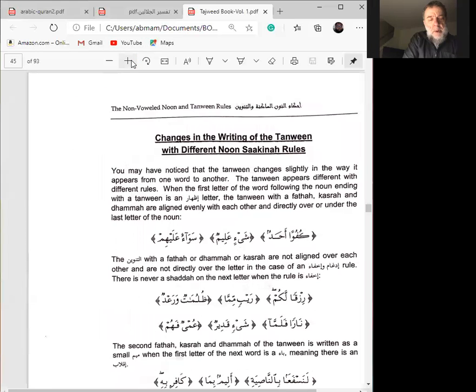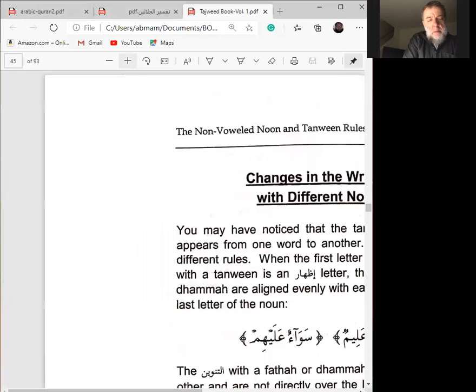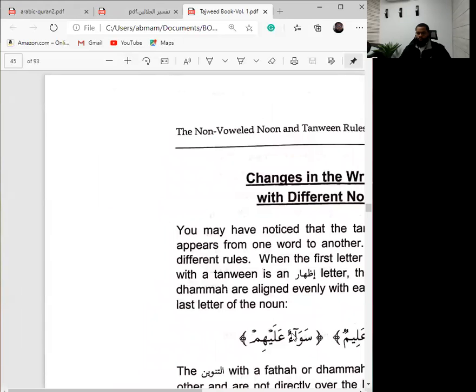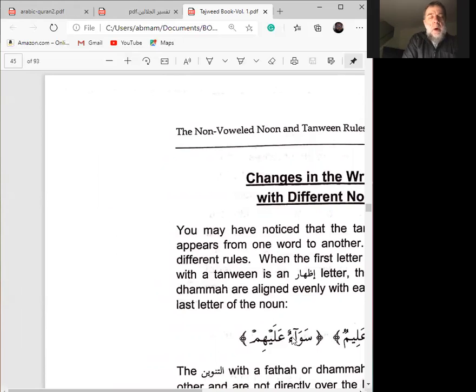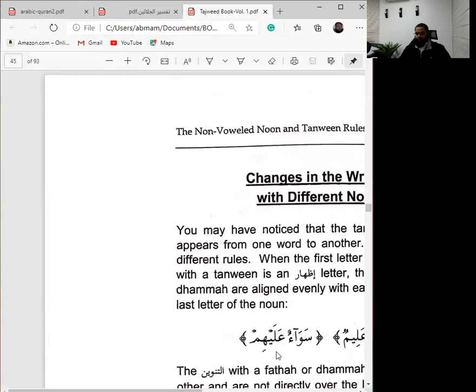Where's the dhamma on the bottom? So there's two dhammas, one on the bottom and one on top. They're both on top of the hamza. But one is bottom, the other one is on top. You guys see that?